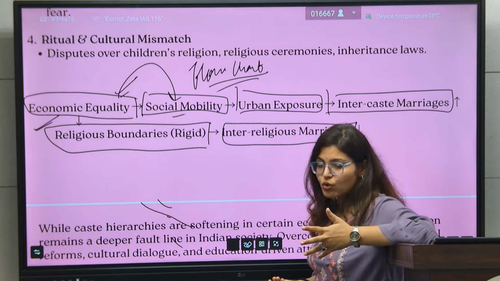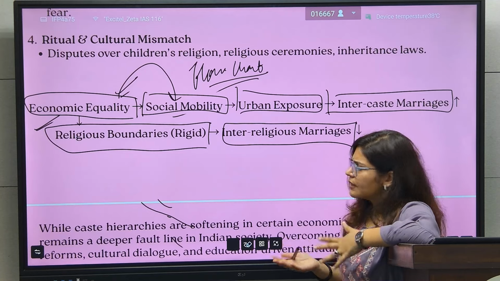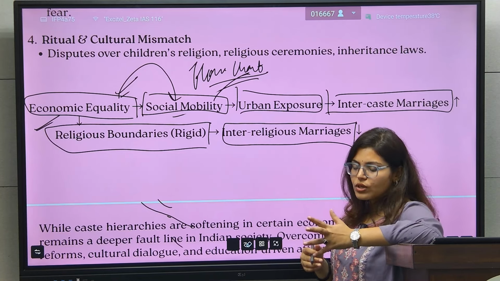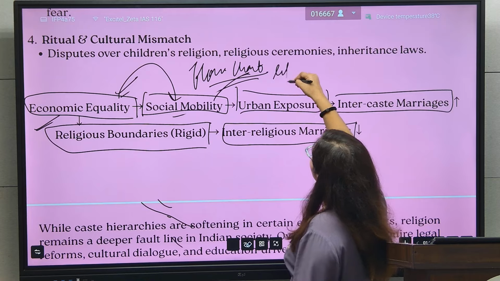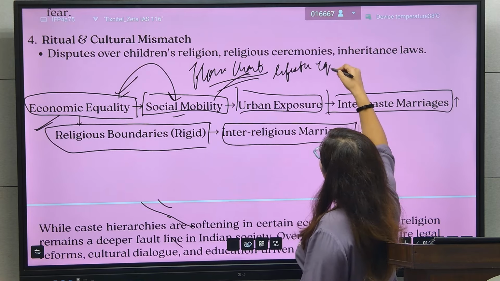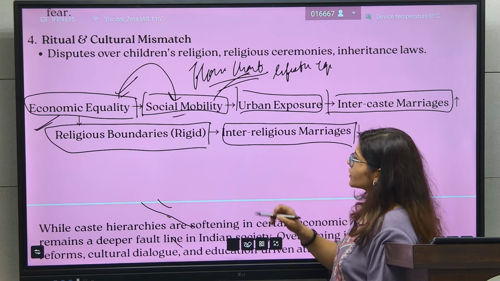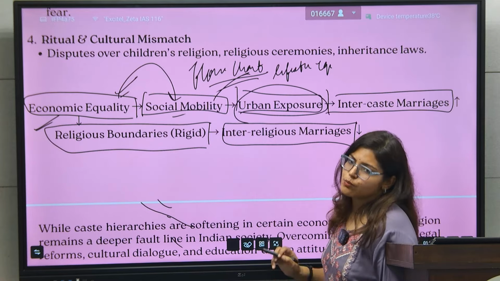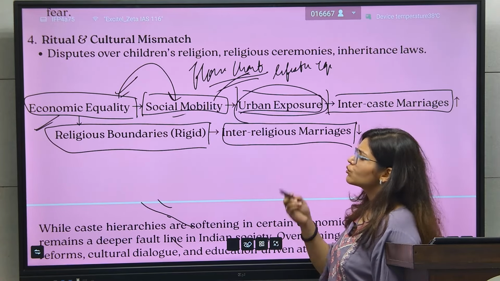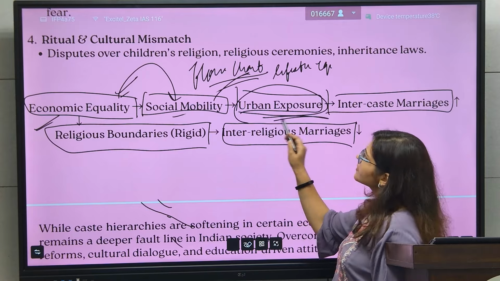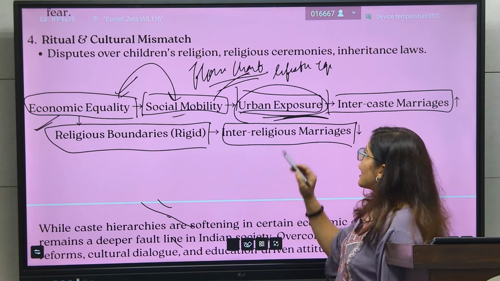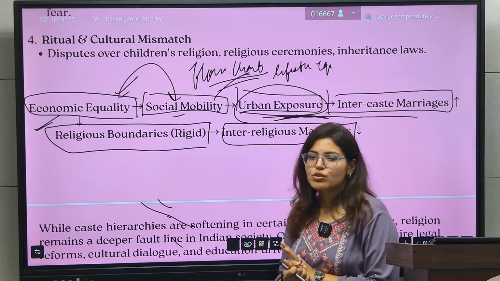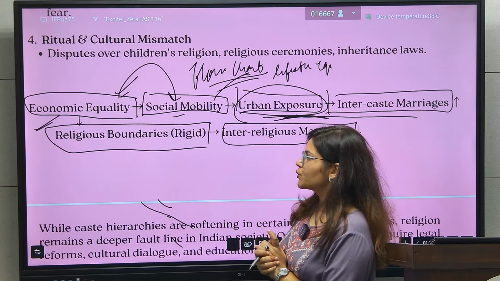Now the lower caste lifestyle is equal to the upper caste lifestyle. Due to the social mobility, there is urban exposure. Due to this urban exposure there are inter-caste marriages, because caste consciousness is reducing.